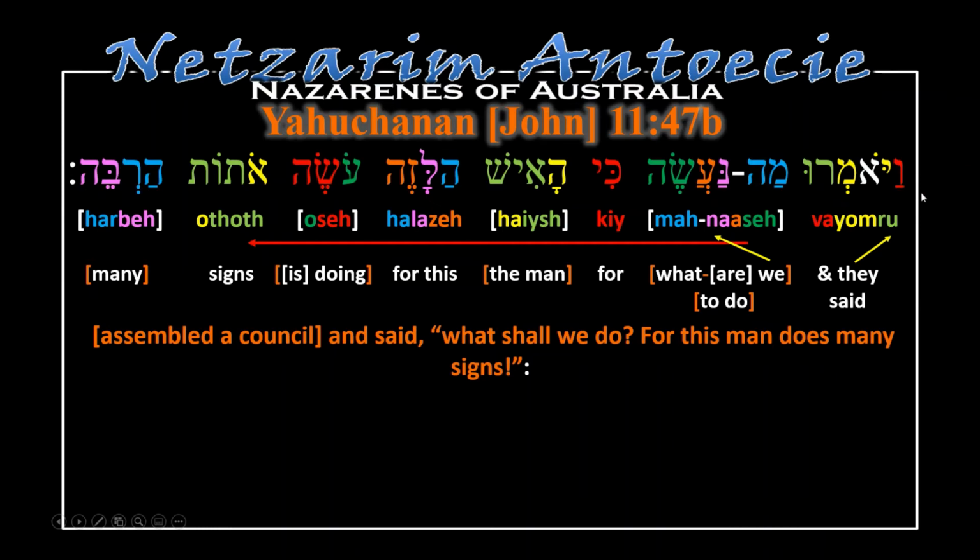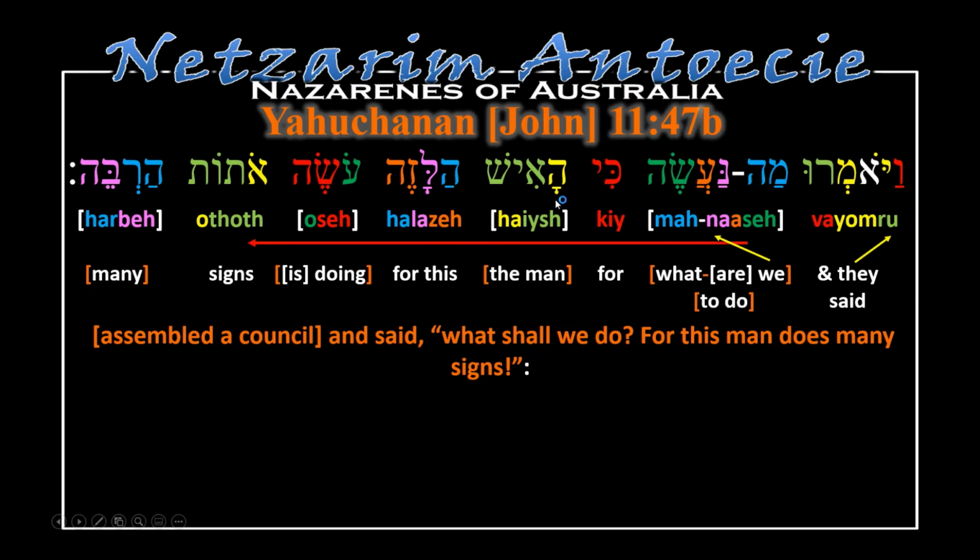And it is Va-Yom-Ru. And they, that's the U, said, Ma, what? Na-a-se, we to do. What are we to do? And the nun can be as a we. Ki, for.